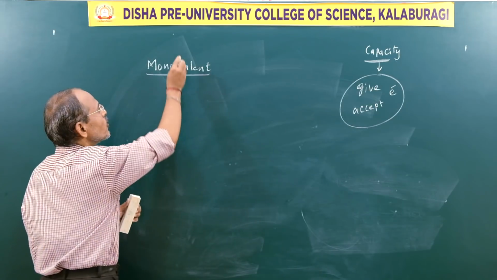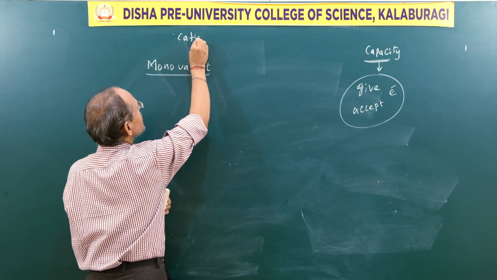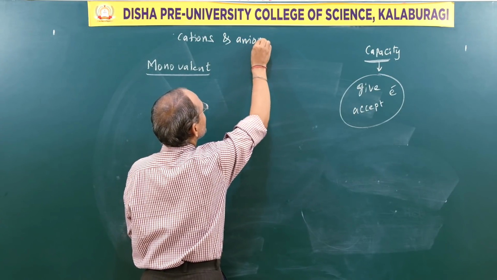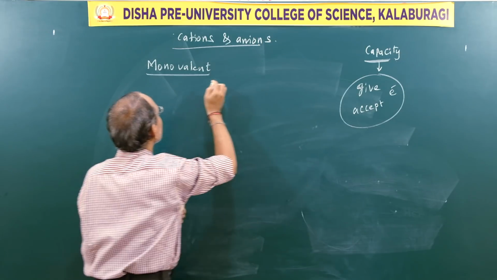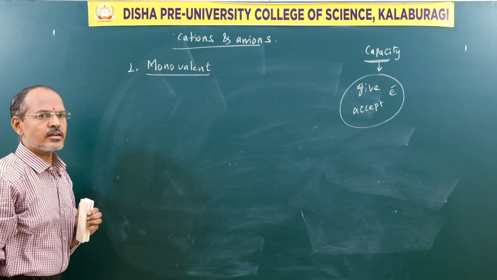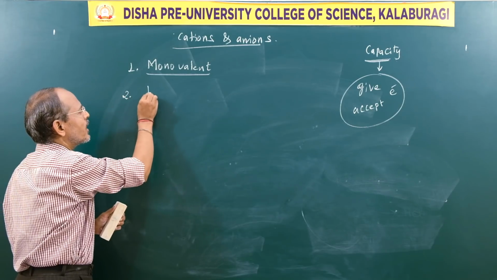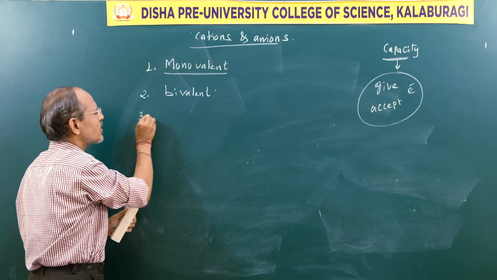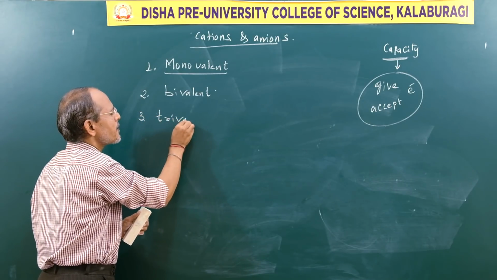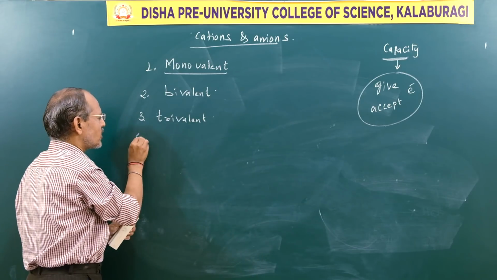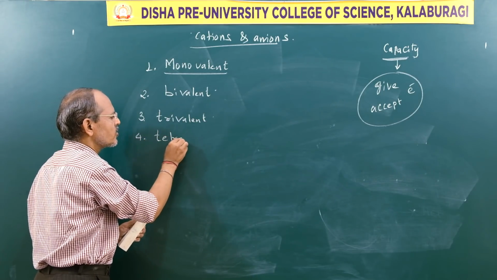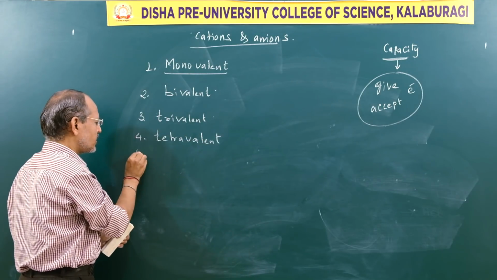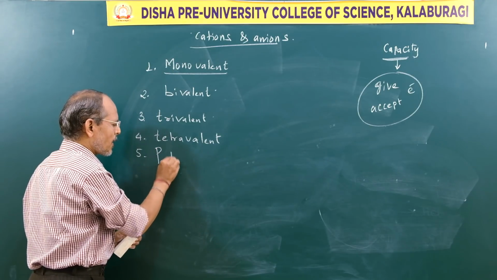So therefore, both cations and anions are classified into monovalent, bivalent, trivalent, tetravalent, and pentavalent.